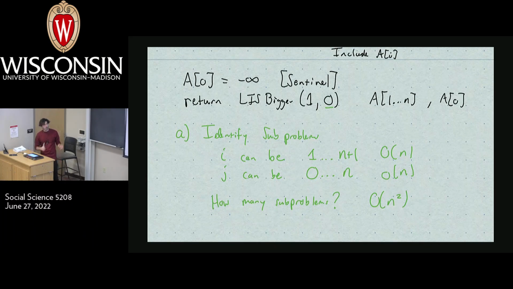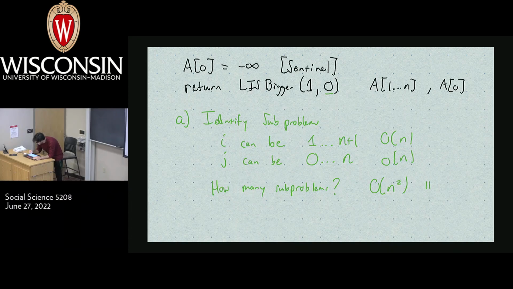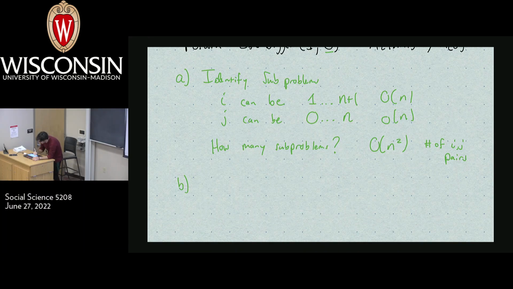Because we're putting all possible pairs in there. Any possible i, j pair could be in there. Not really, but you know, we're going to worst case it. So in the worst case, there's O of n squared subproblems because that's the number of pairs. Okay? Now B, what's our data structure?